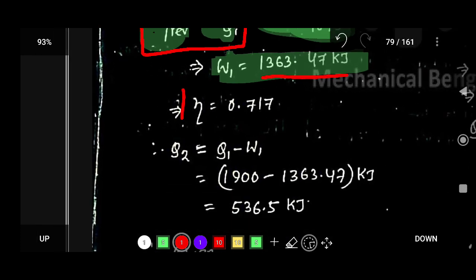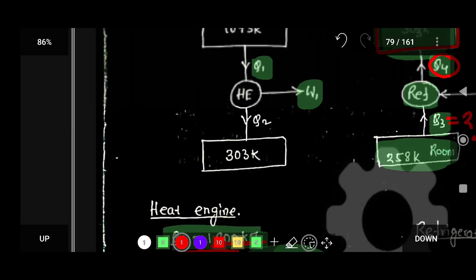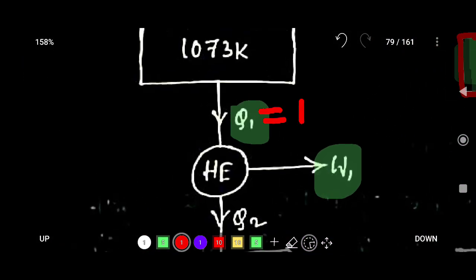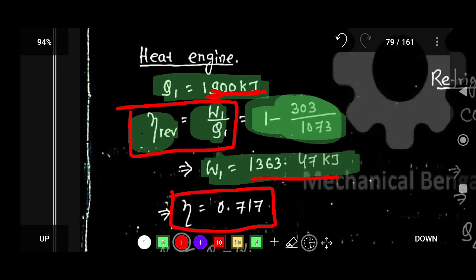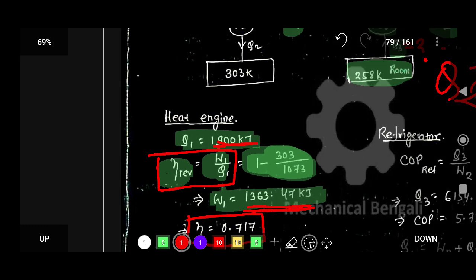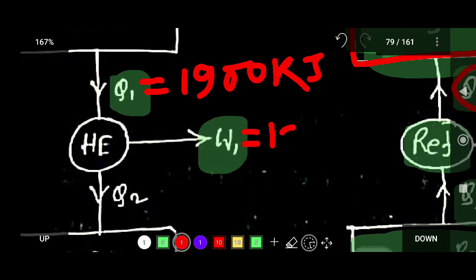So you get efficiency 0.717, basically 71.7%. Q1 is 1900 kilojoule, and W1 is 1363.47 kilojoule.